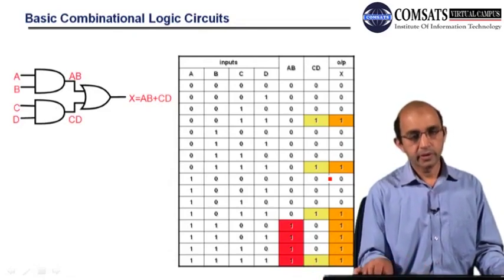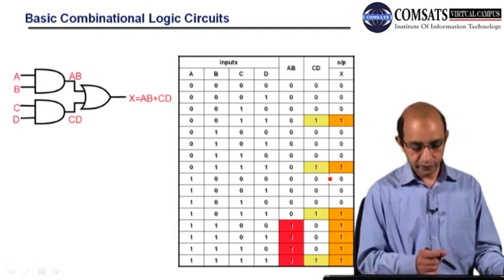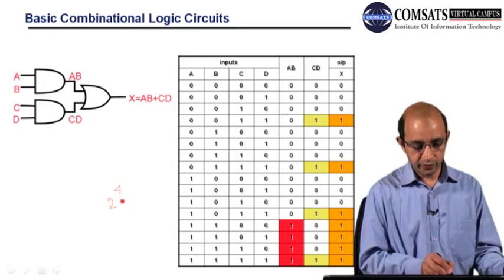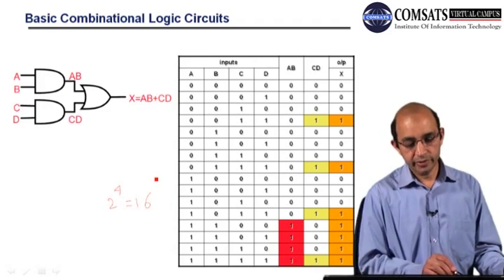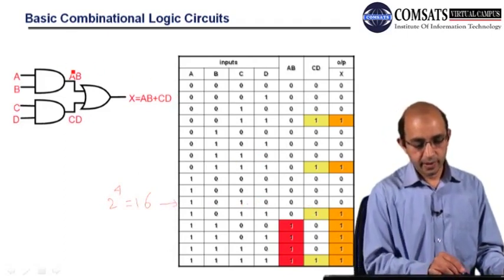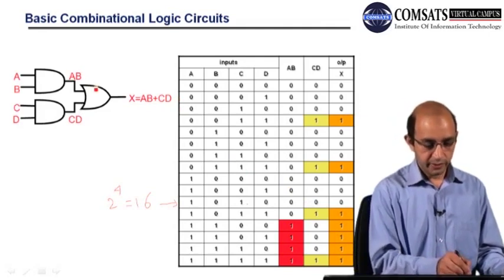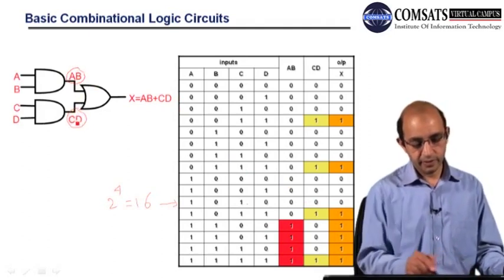And then if you talk about the input, we have 4 different inputs, right? So how many combinations can we have? If we have 4 inputs, we can have 2 raised to power 4, 16 different combinations that can be applied to this circuit. Like if you talk about this combination, these are the intermediate stages, so you can say that this is a sort of 2-level circuit.